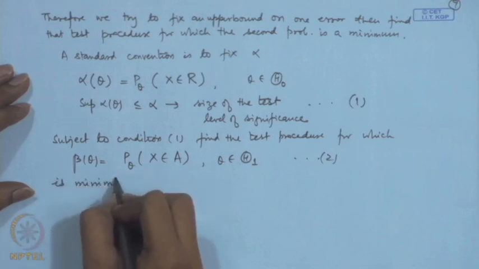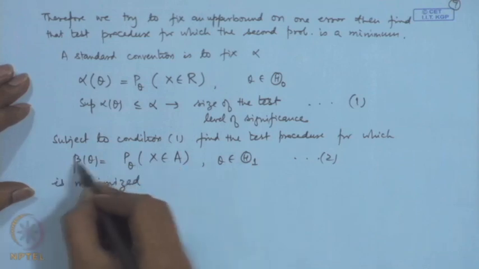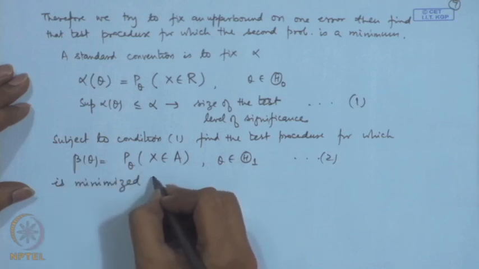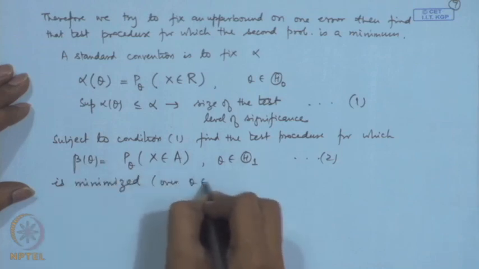Once again, this is a function of the parameter, so minimized means over theta belonging to theta 1.